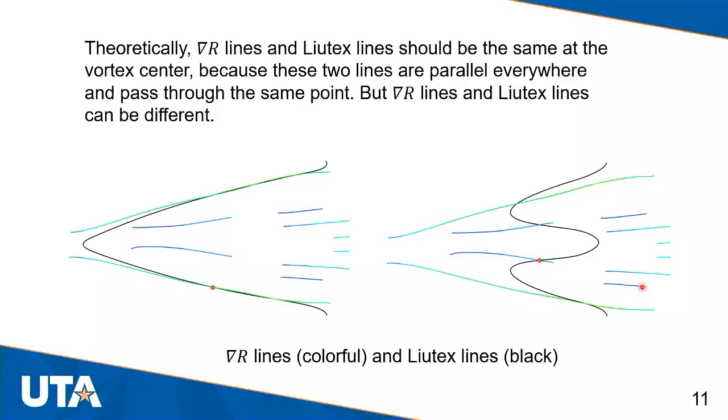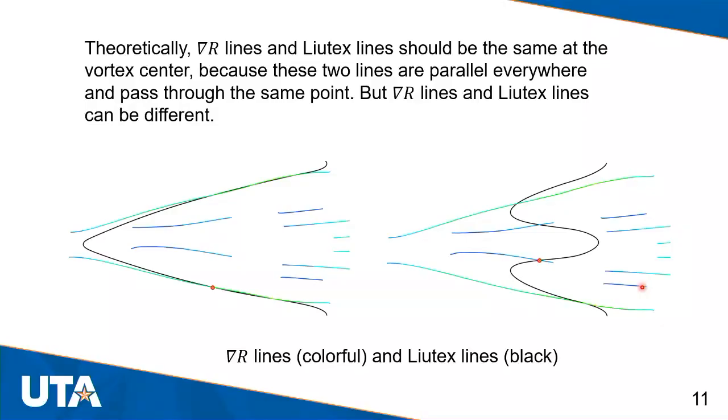But when we played with our DNS results, we found they are not necessarily the same line. For strong vortices, they can be the same line for a period, but for weak vortices, there can be a big discrepancy.